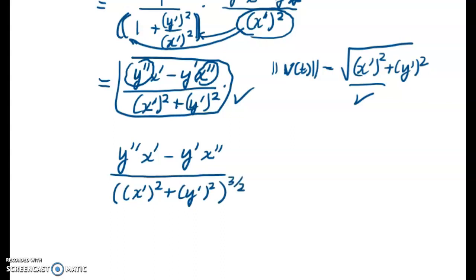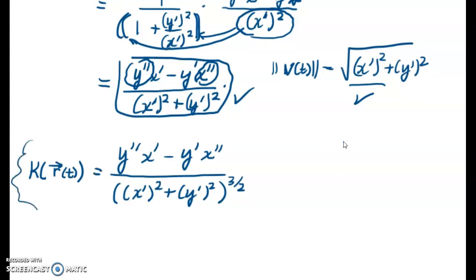And this is what we're defining as the curvature at R of t, where R of t is, for a specific value of t, a specific point on the curve.